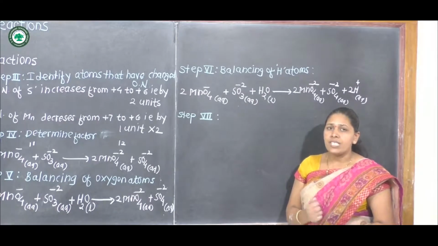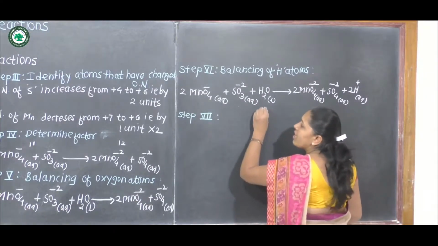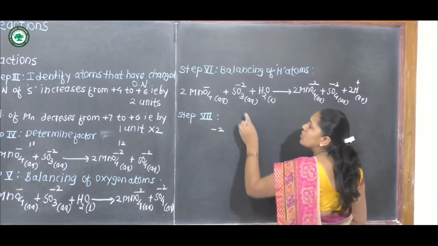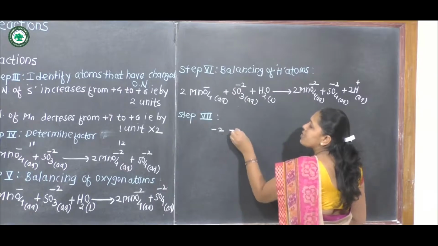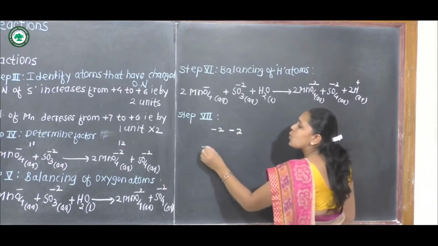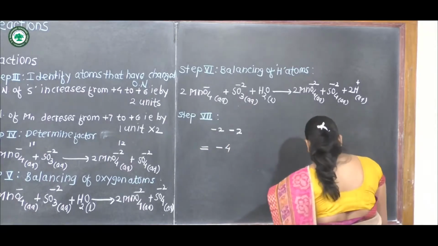But what about the charges? Charge on reactant side: 2 multiplied by minus 1, minus 2, 1 multiplied by minus 2, minus 2, and water has no charge. Therefore total charge on reactant side is minus 4.